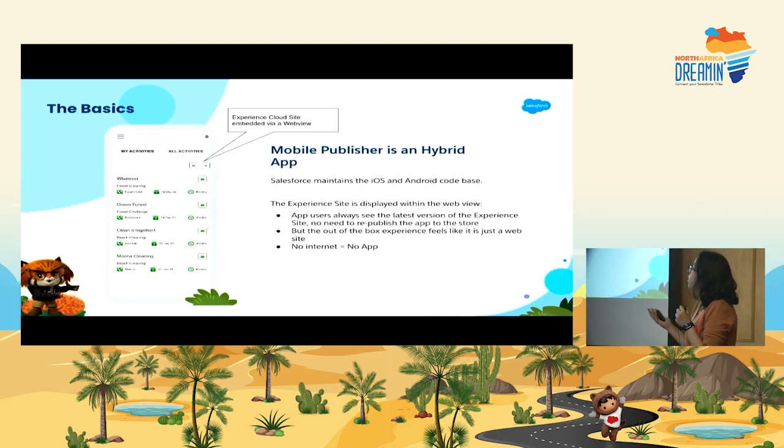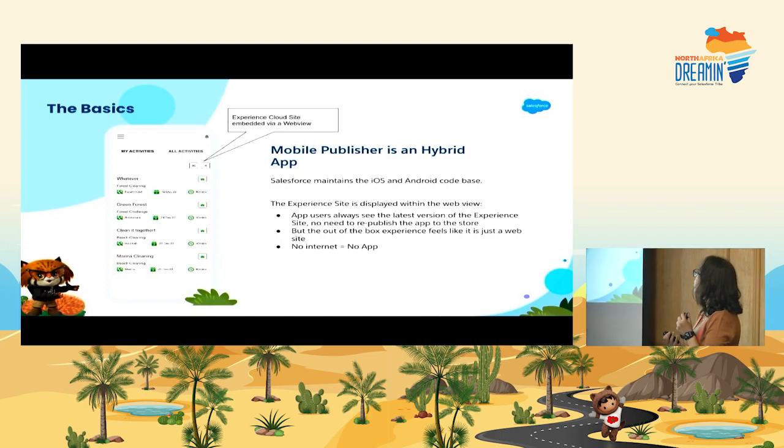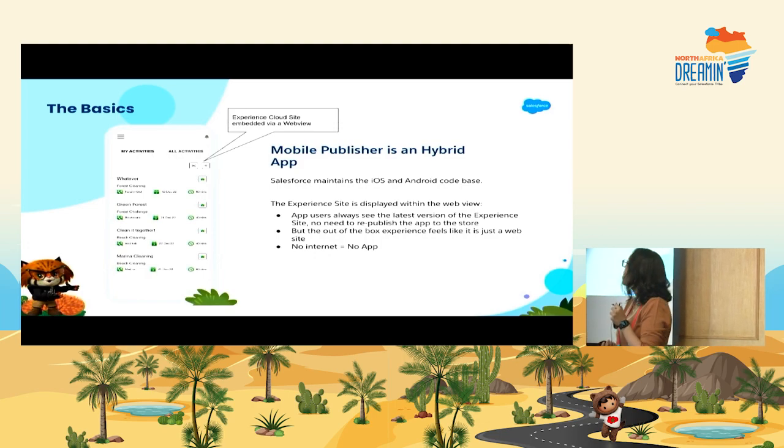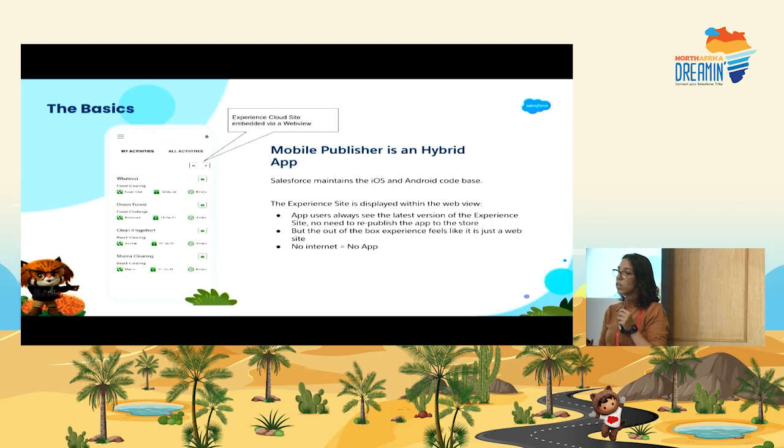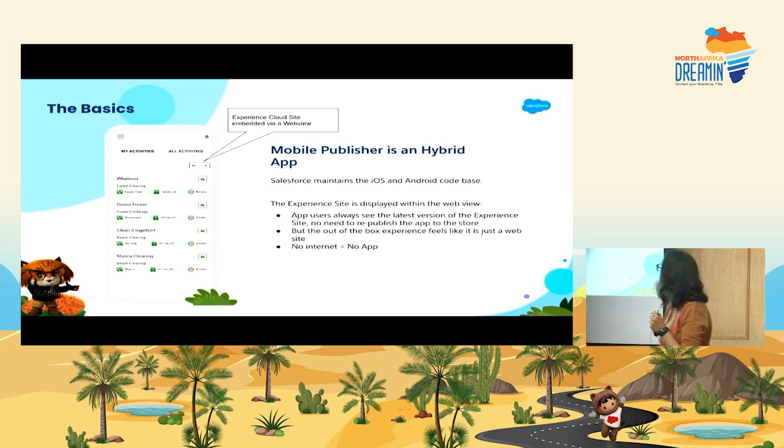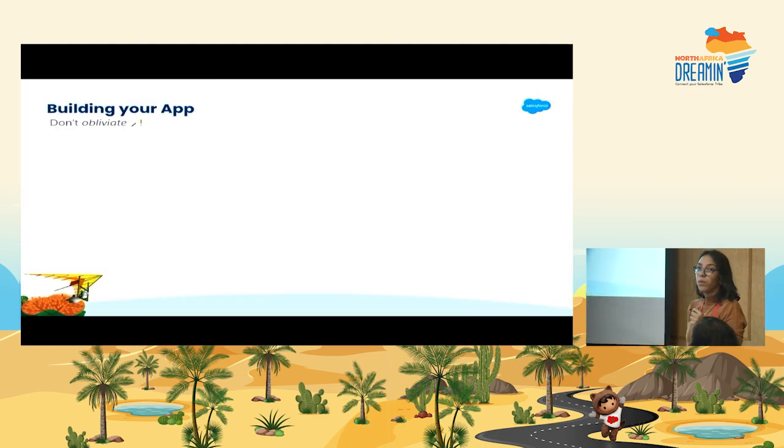This is good because you don't need to republish to see the latest version of your application every time. But the challenge is that when your mobile app is nothing but a site pointing to a web browser, what you need is to make your application feel and look as much like a mobile app as possible. So yeah, I will hand over to Zach.